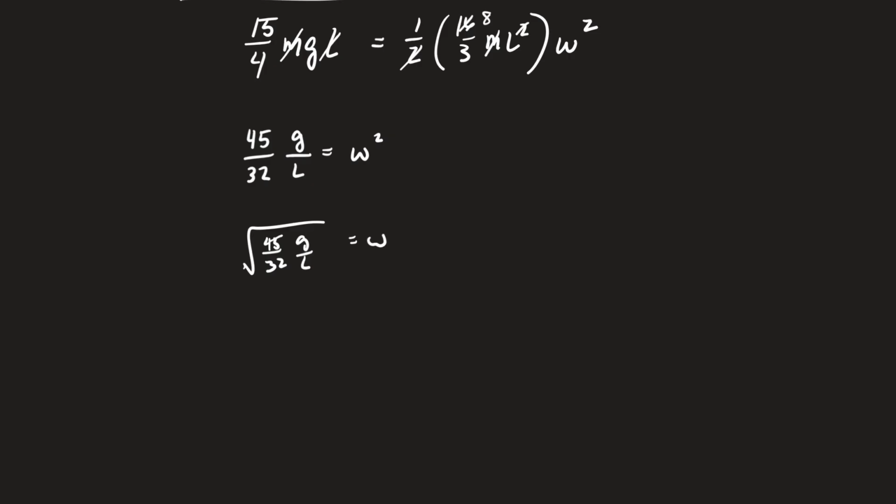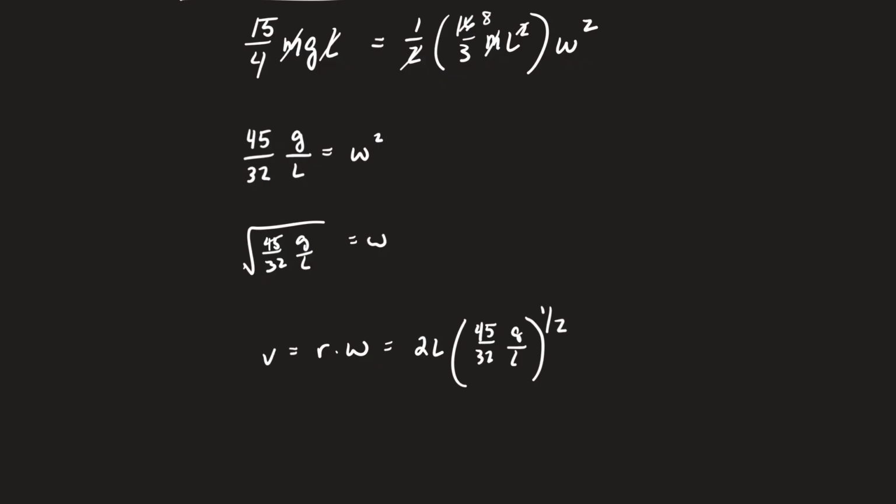So if I want to find v, v is going to be r times omega, which is 2L times 45/32 g over L to the 1/2 power. That's all in the radical.